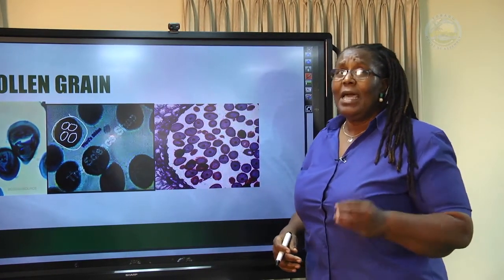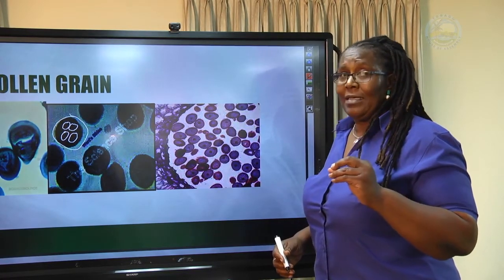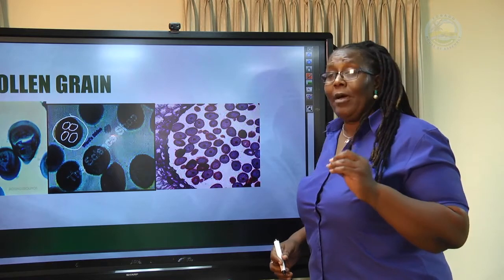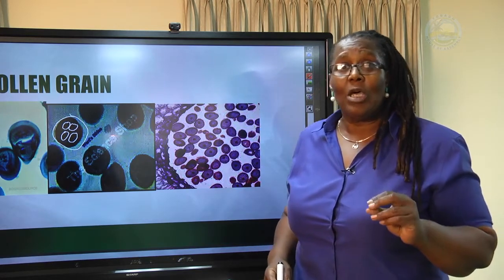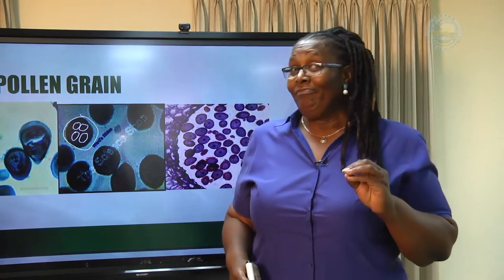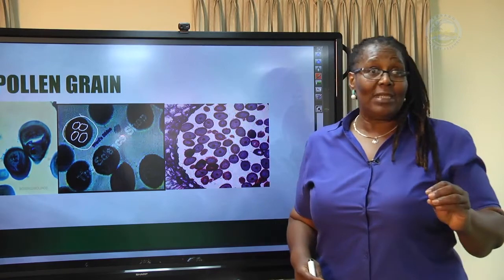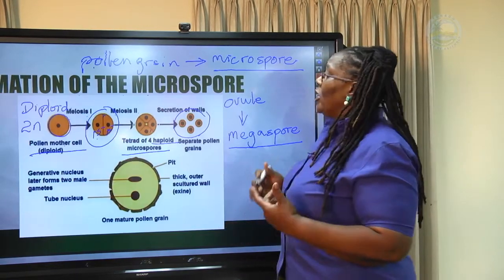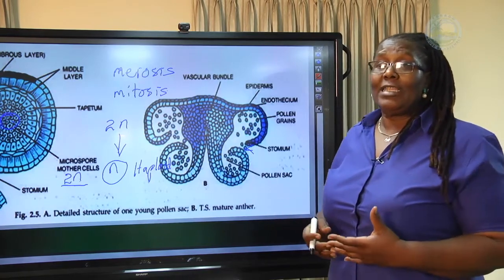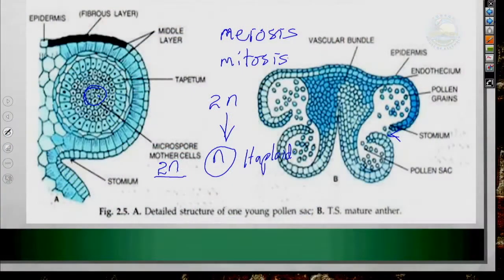The nucleus of this pollen cell actually goes through a process called mitosis. See why we needed to have the foreknowledge of meiosis and mitosis? Mitosis here, which is a division of the nucleus of a cell into 2 daughter nuclei, good, will ensure.